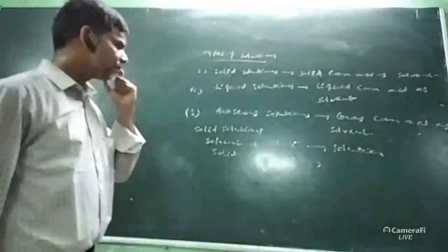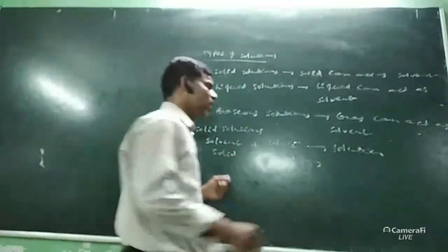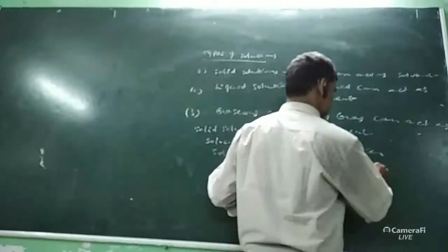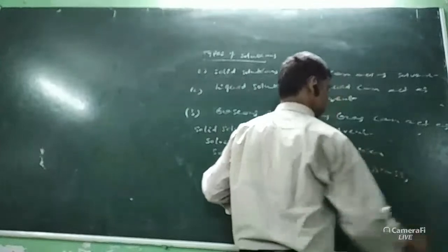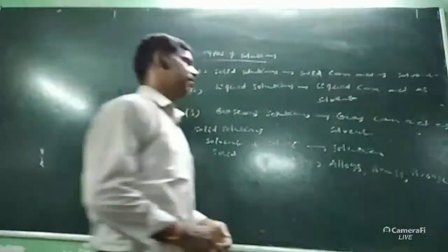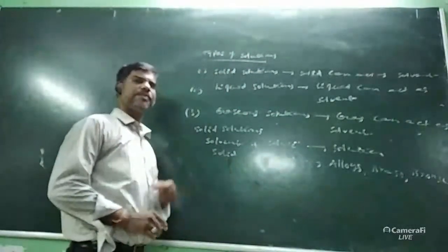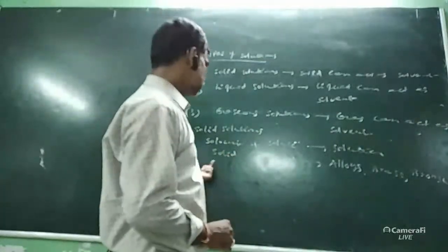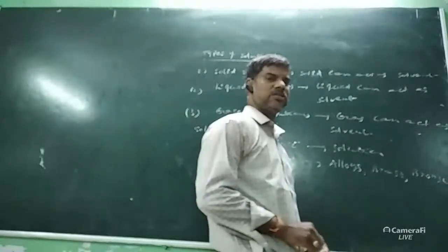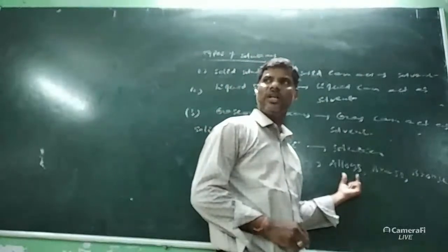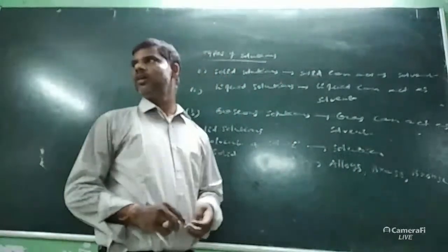Those are called alloys, like brass and bronze. So whenever solvent and solute are solid, they are called alloys: metal plus metal, or metal plus non-metals.